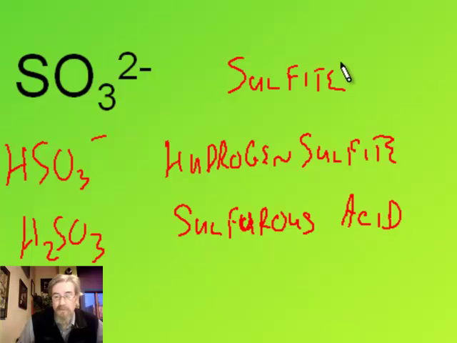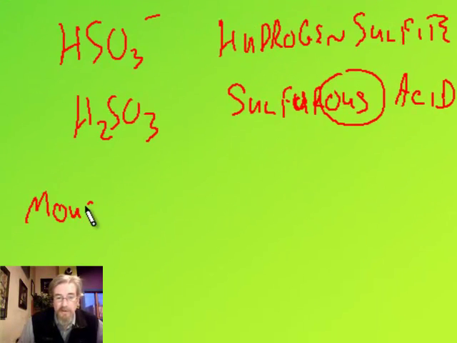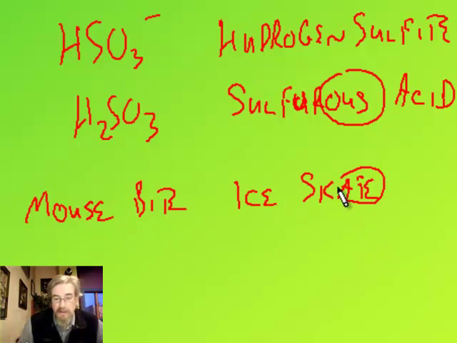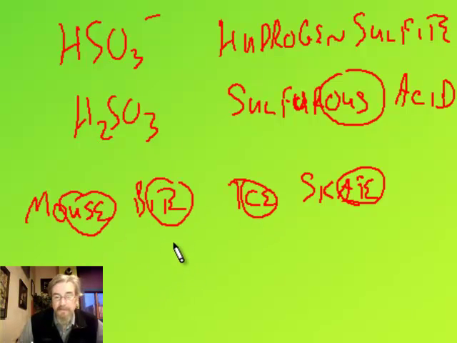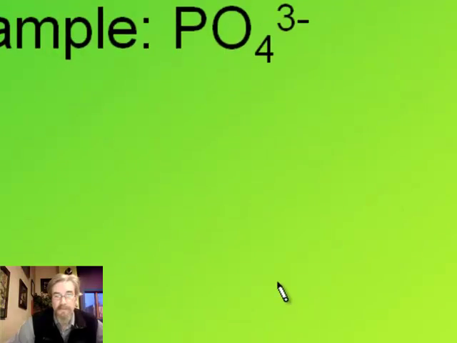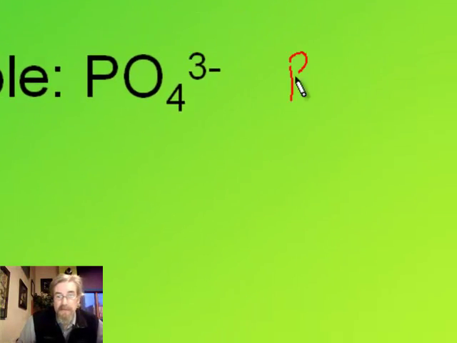So if the ion ends in ite, the acid will end in us. Here's a memory tool one of my students developed a few years ago. Mouse bite, ice skate. Ate, ick, ite, us. Maybe that'll help you.